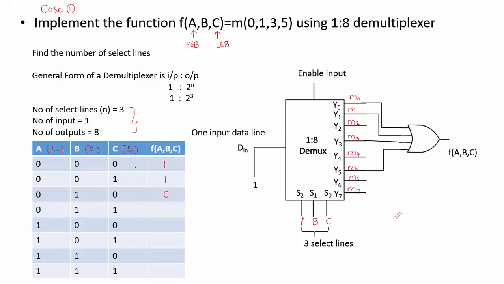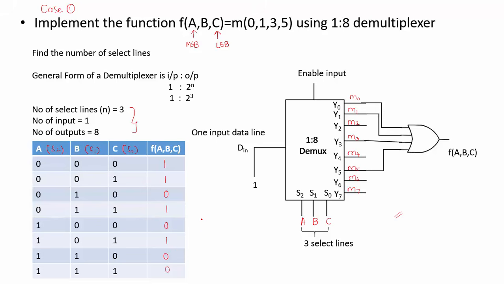So if you verify for all these input combinations, you can see that f of a, b, c will be 1 only for 0, 1, 3 and 5. For all other inputs, it will be 0.